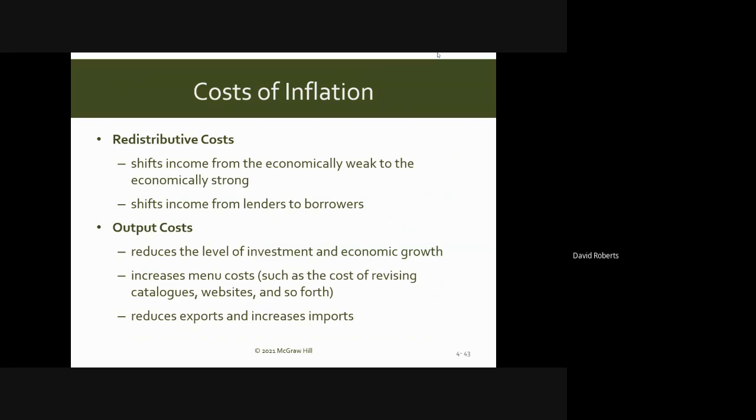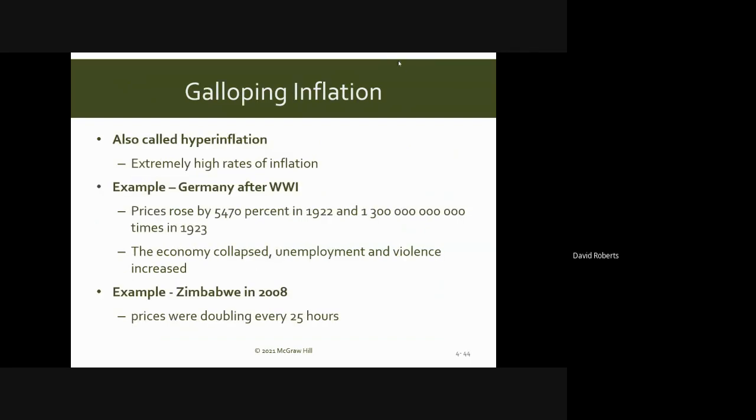Inflation can increase menu costs, revising the websites, although some of that is much easier these days. But if you have a printed copy of a menu, then it can be quite expensive to reprint. There's a famous story about Germany, where you sit down to have lunch, and by the time you're done with lunch, the price had gone up.